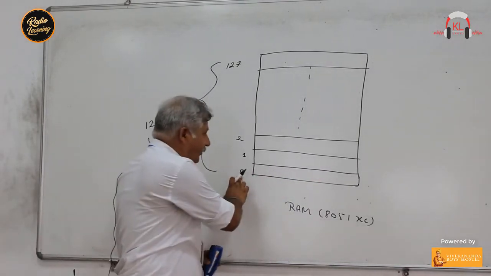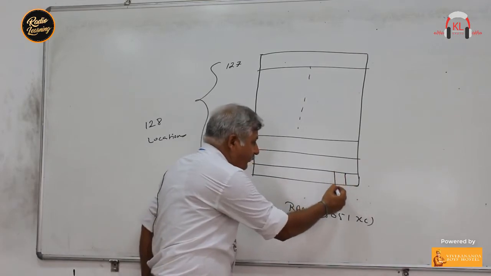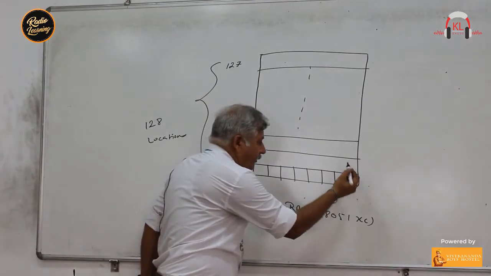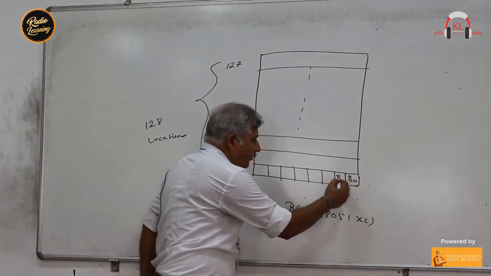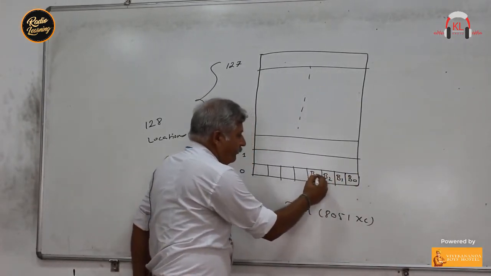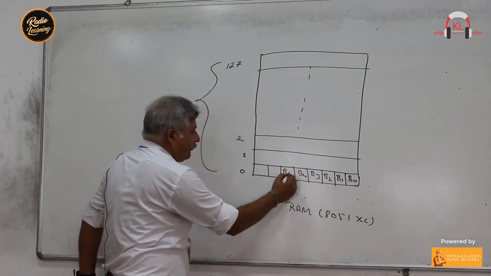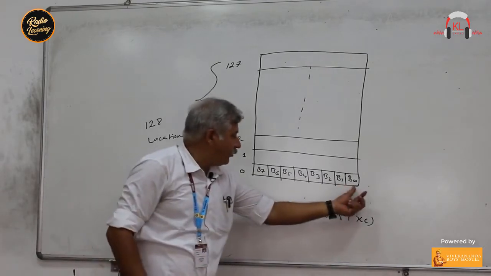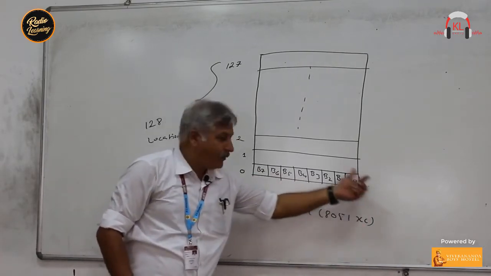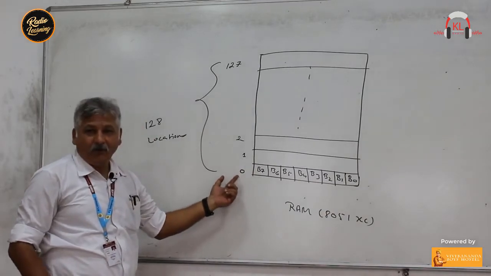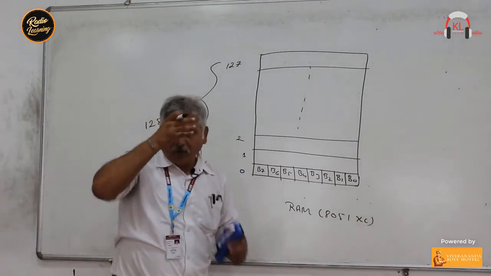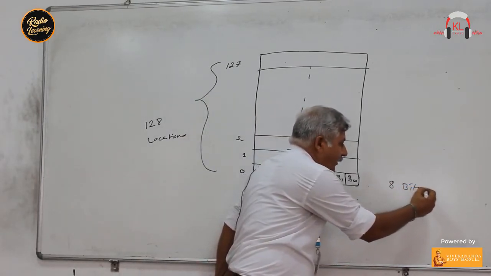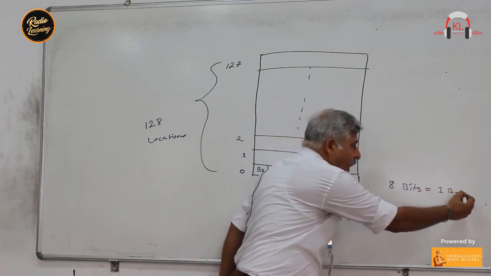So at location number 0 we can store 8 bits. We write the bit numbers B0, B1, B2, B3, B4, B5, B6, B7. From bit number 0 to bit number 7, these 8 bits you can store at location number 0. As we know, 8 bits is equal to 1 byte.